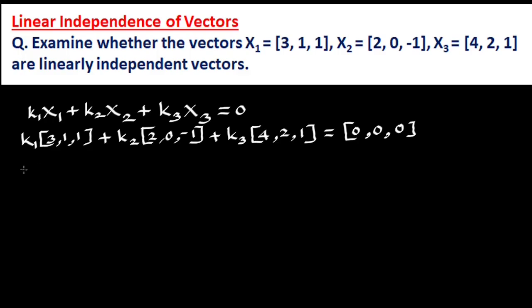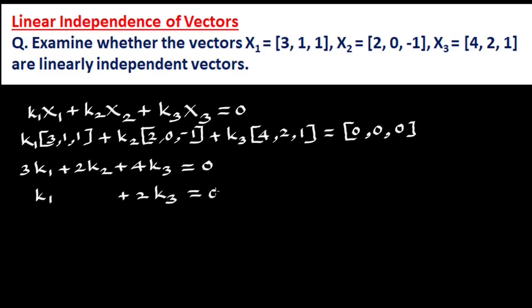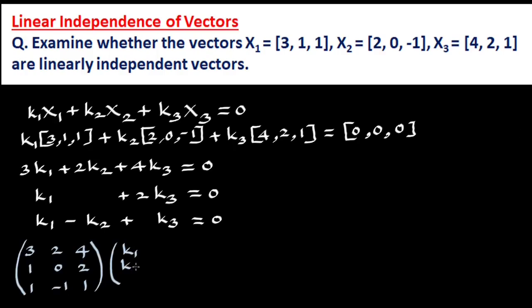From this we can write 3k1 plus 2k2 plus 4k3 equals 0, k1 plus 2k3 equals 0, k1 minus k2 plus k3 equals 0. In the matrix form 3 2 4, 1 0 2, 1 minus 1 1 into k1 k2 k3 equals 0 vector.